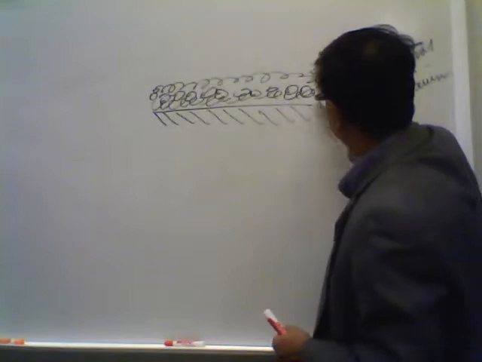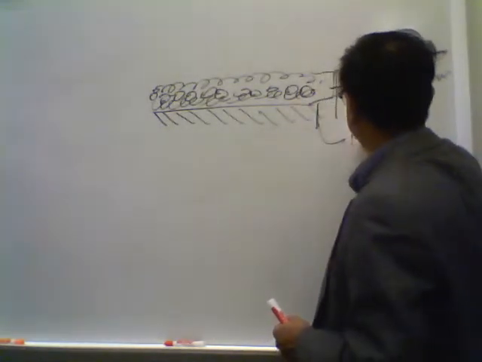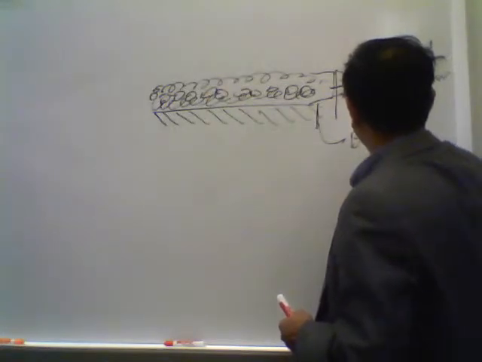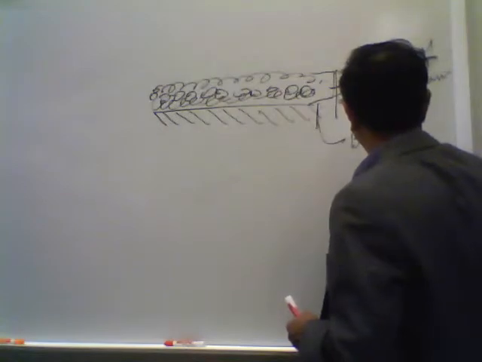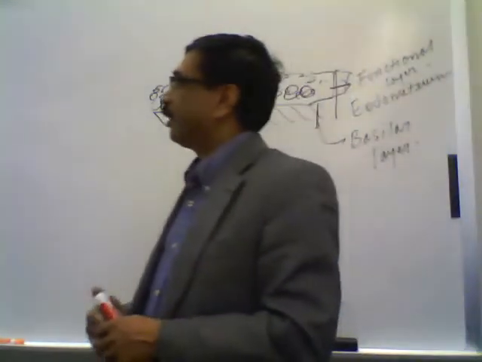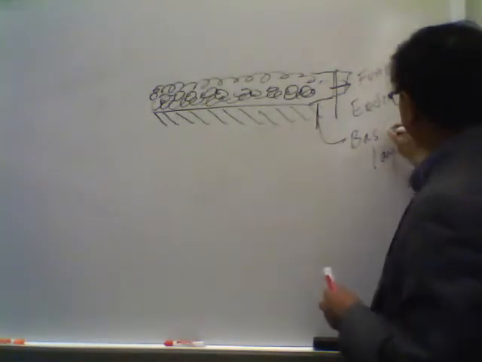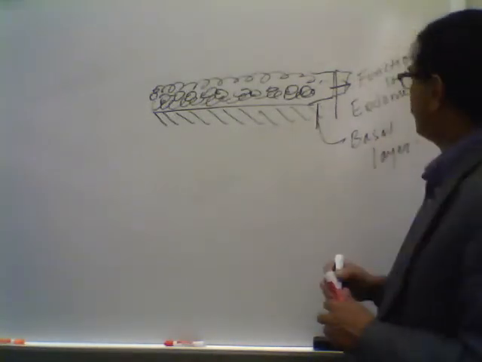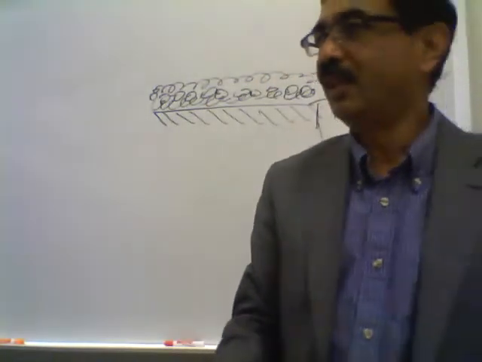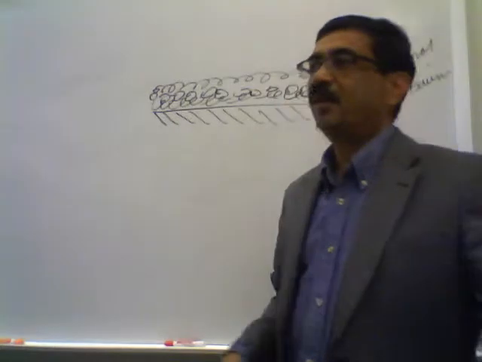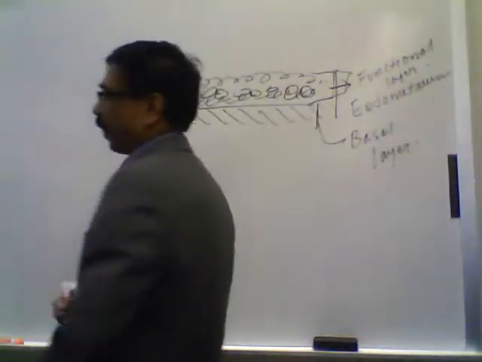This part is the functional layer, and this part is called the basilar layer or basal layer. Same thing, okay? So the endometrium has two layers, functional and basal, or stratum functionalis and stratum basalis.